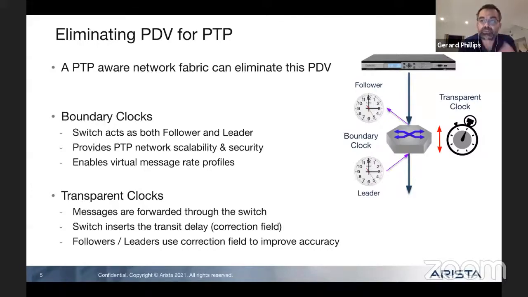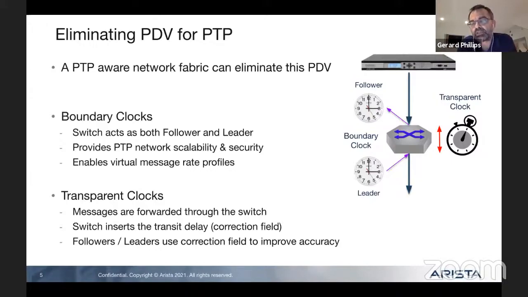There's a few other advantages from boundary clocks. You can tie in their network scalability and security, and the ability to change the messaging rates if that's what you want to do. So that's a preferred way of achieving good accuracy. Transparent clocks is the other method, and this is simpler if you like.